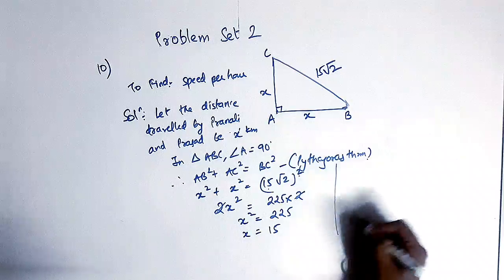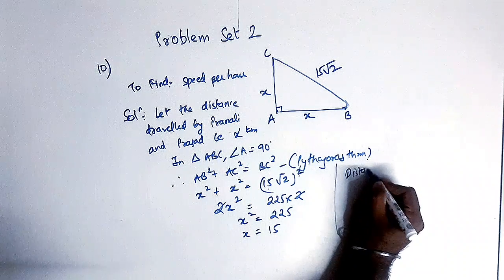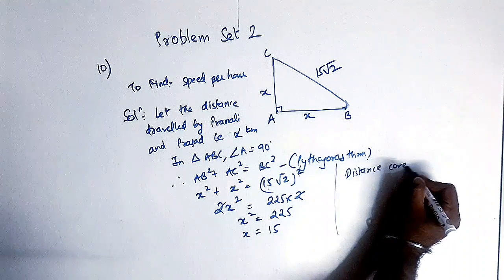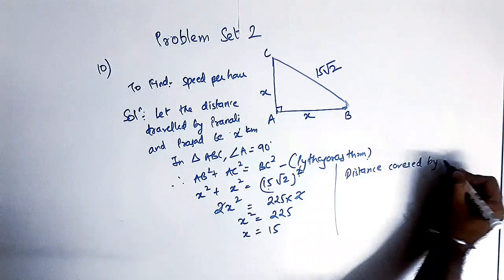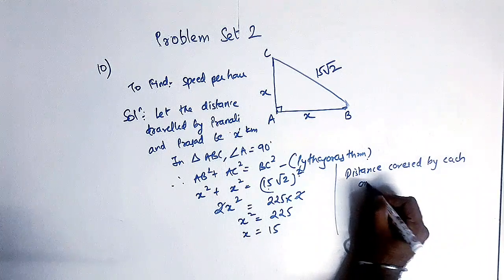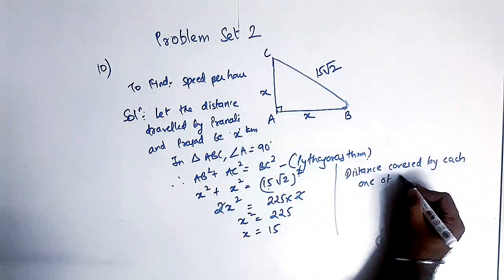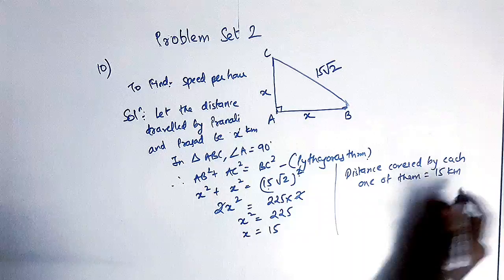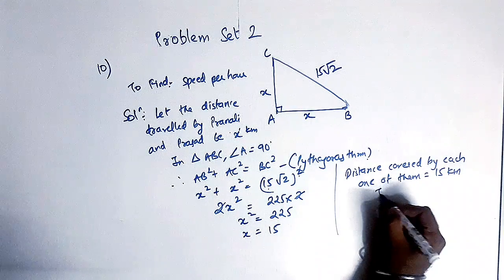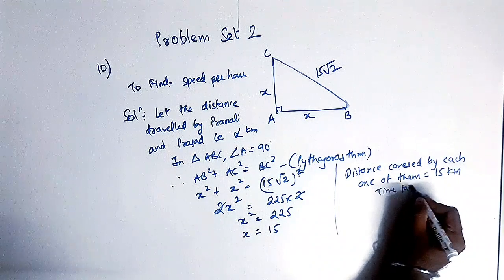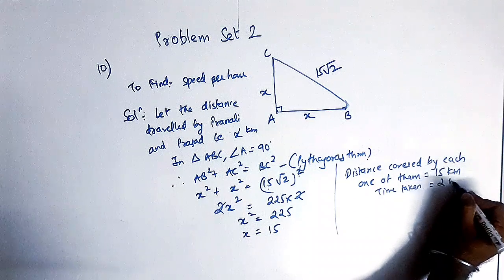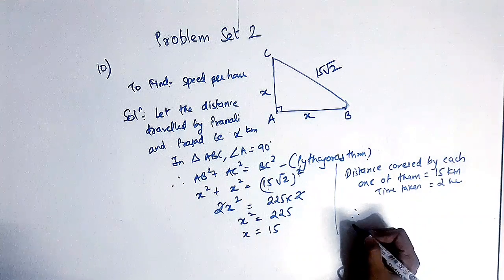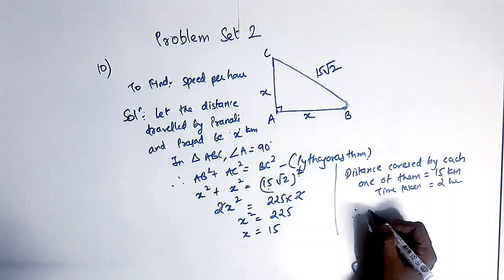Now distance covered by each one of them is equal to 15 kilometers. Time taken is how much? 2 hours. Therefore, what will be the speed?